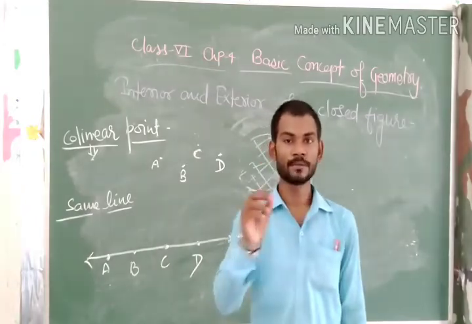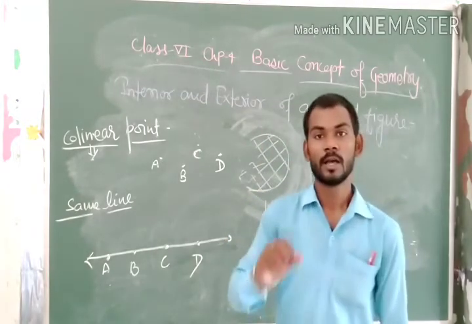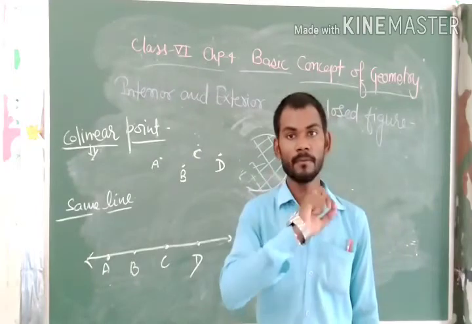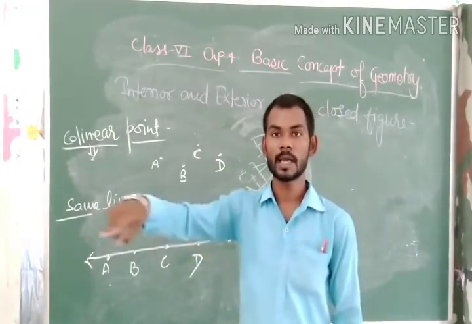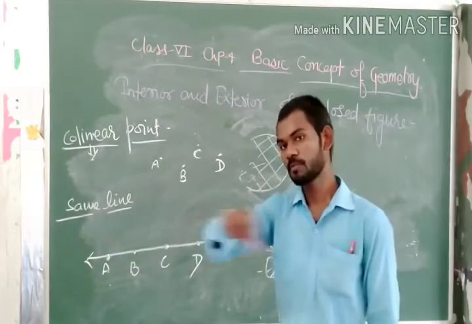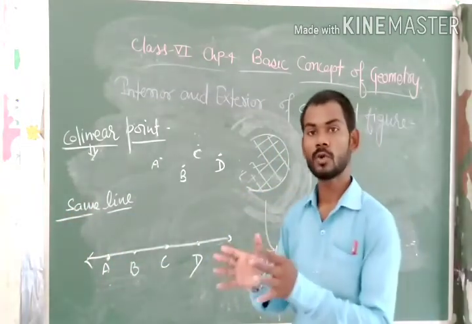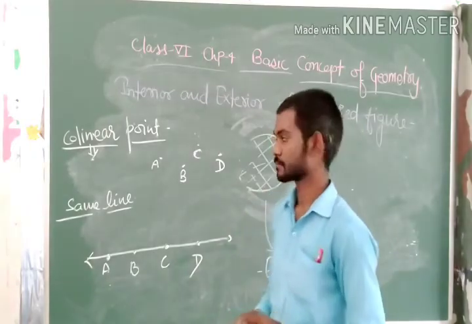So the definition is very clear: if points lie on the same line, then such points are called collinear points.